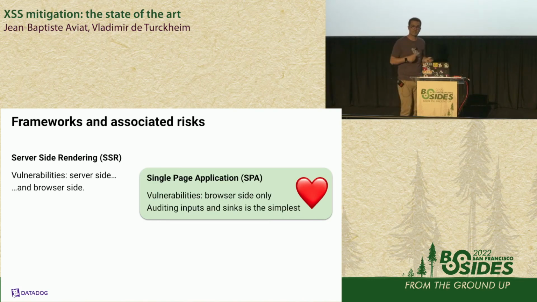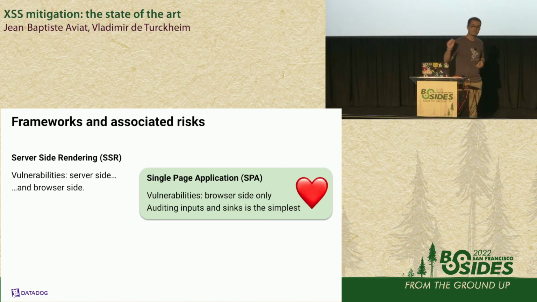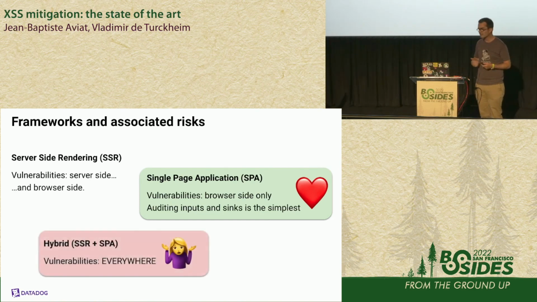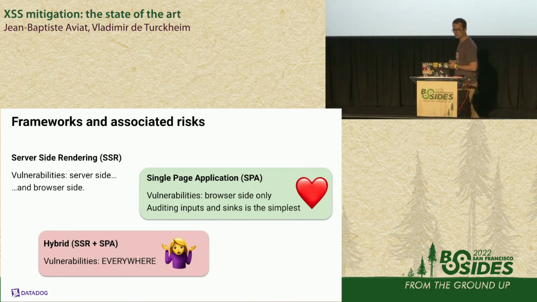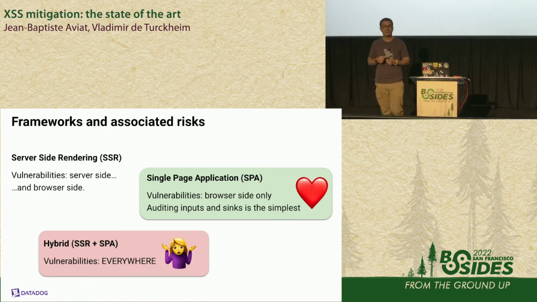If you are using Trusted Types on top of that, that will make the auditing much easier. So it's the simplest to audit. I would not say it's simple now. And of course, we have the hybrid version of it, where you can have vulnerabilities everywhere, and that really makes it much harder to audit, to reason about, as a developer or as a security engineer.